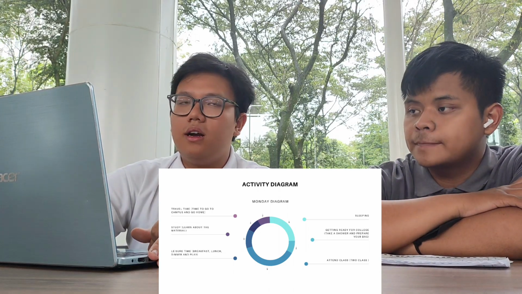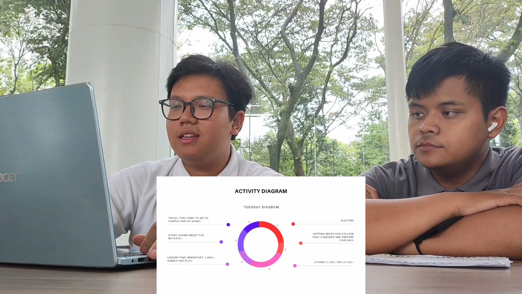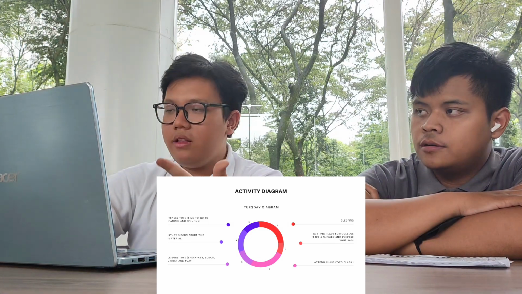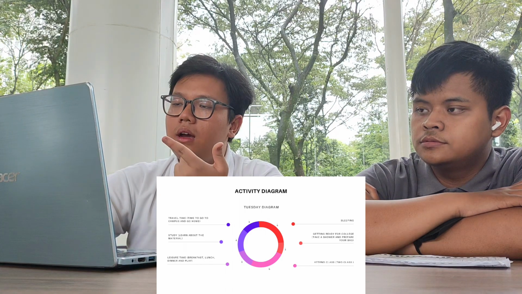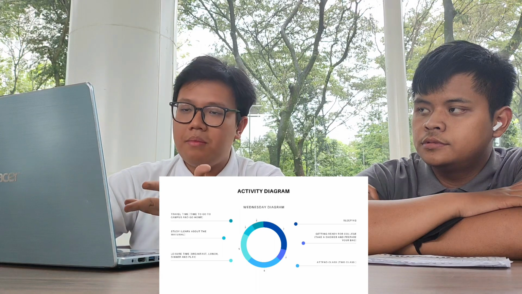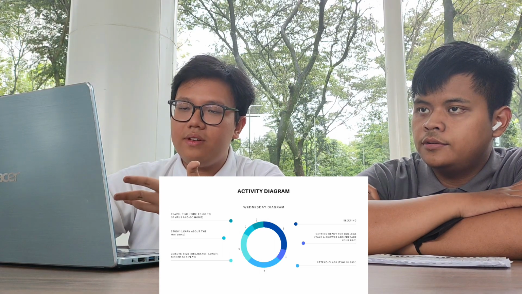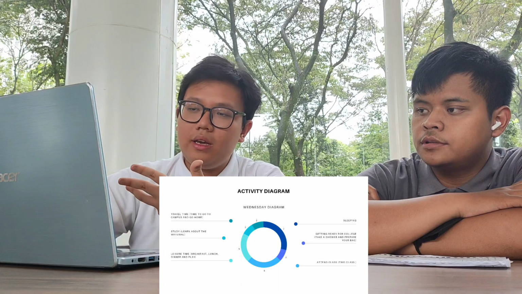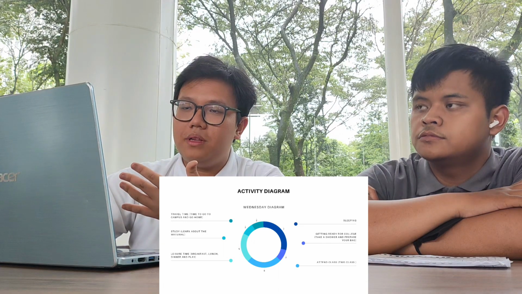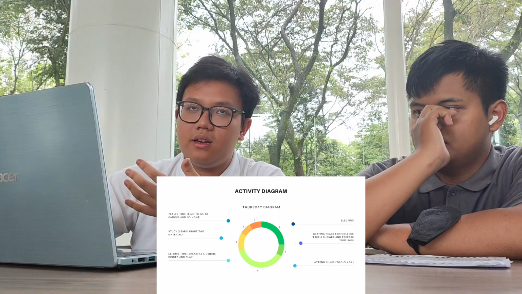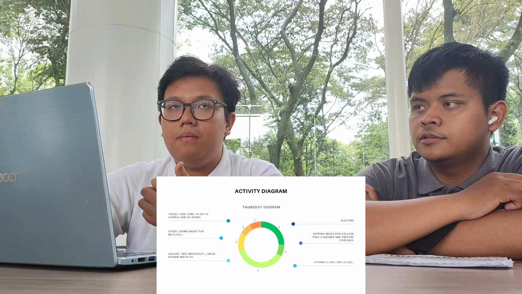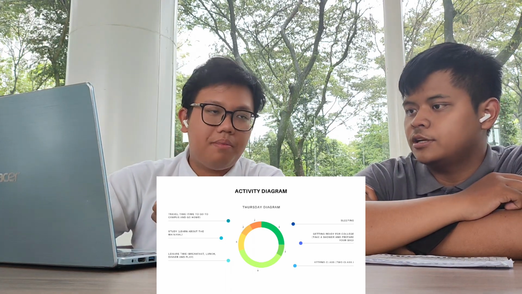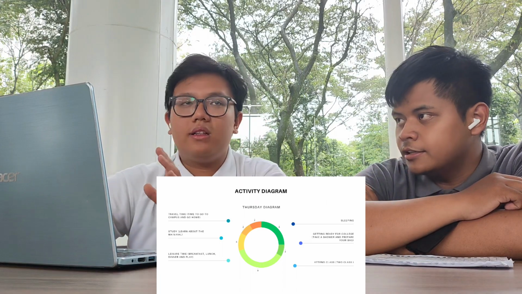What he does from Monday until Thursday is sleeping, getting ready for college, which is taking a shower and preparing his bag, attending class, leisure time, which consists of breakfast, lunch, dinner, and playing games, studying, learning the materials he has learned from attending class, and travel time, in which he travels from his home to campus and from campus to his home. So that is the conclusion that I get from Dion's weekday diagram.